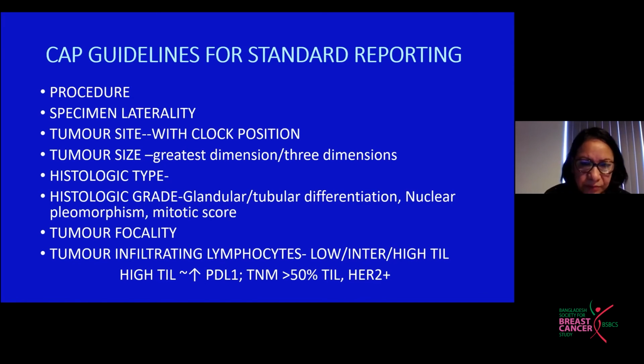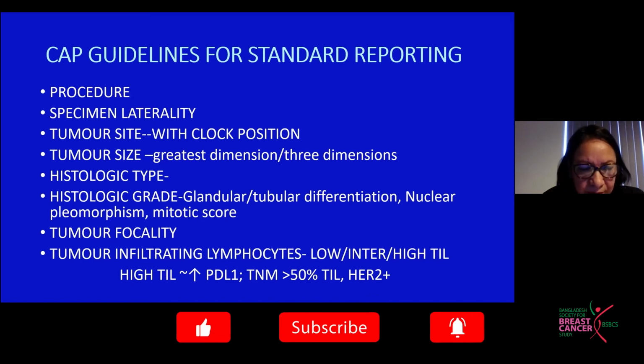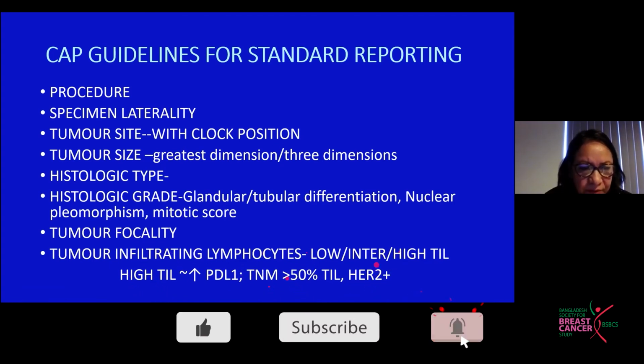The proper grading should be done by considering three important issues: glandular or tubular differentiation, nuclear pleomorphism, and mitotic score. And then we have to indicate whether it is a unifocal or multifocal tumor.